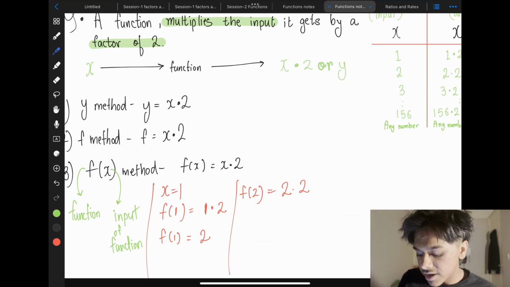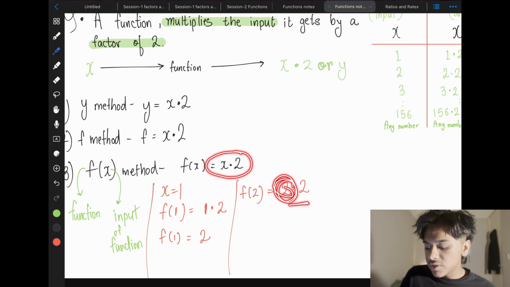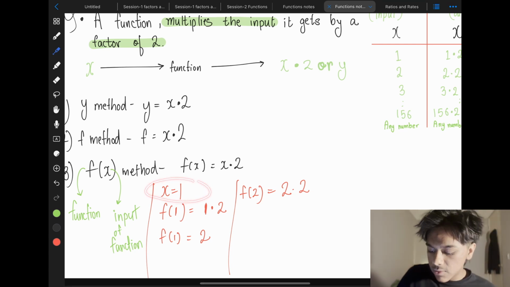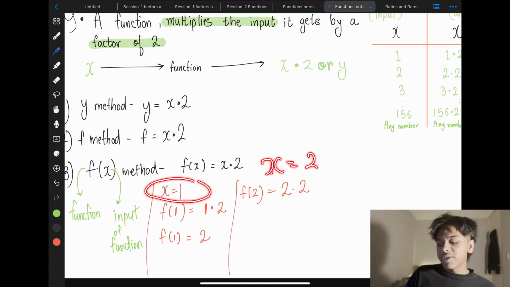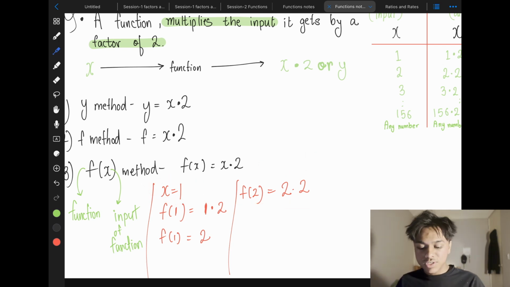And my function here is x times 2. And if I put input of 2 here, it will be 2 times 2. So I don't have to write x equals 1, x equals 2 anymore. I can just say f at input of 2 will be 2 times 2. That reduces one more step.